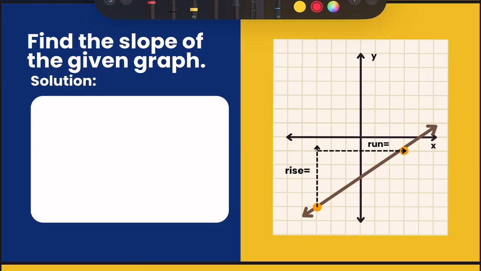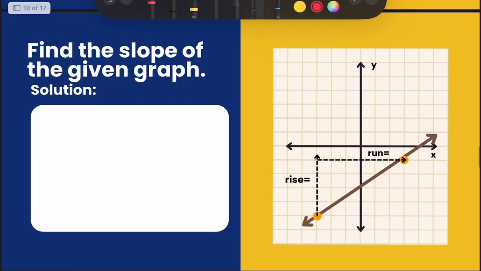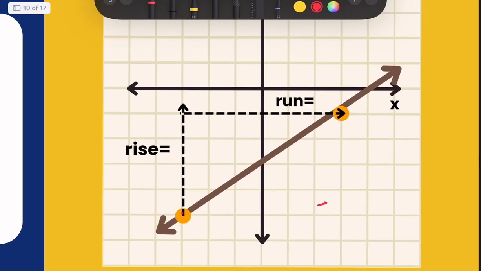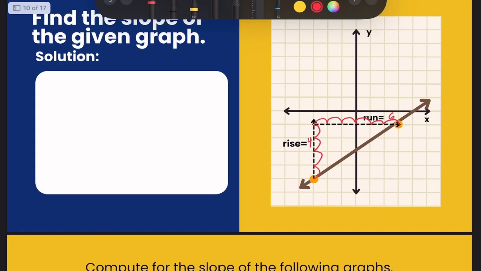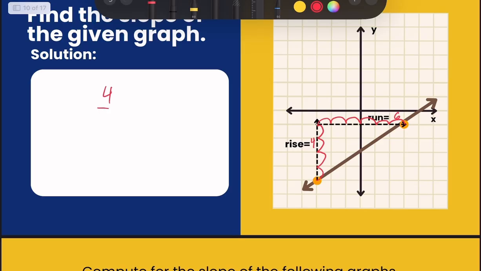This graph is going up as well. So this is going to be positive. It rises 1, 2, 3, 4 times, and it runs 1, 2, 3, 4, 5, 6 times. So I would write this as 4 over 6, which I could simplify by dividing both the top and the bottom by 2, and I would get 2 over 3.